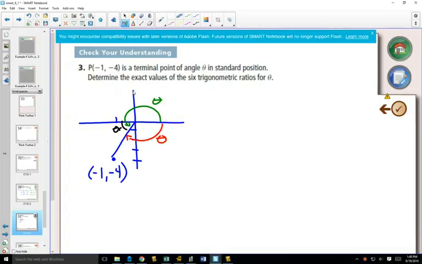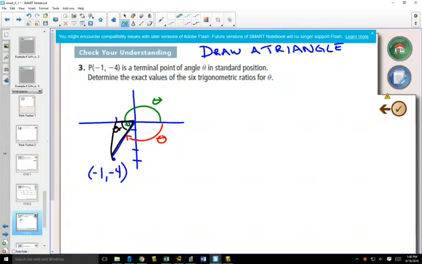So in this case, for our strategy that we're going to use, we're going to draw a triangle. And our triangle is always going to include our reference angle. So when I draw the triangle here, I'm going to draw it back to my x-axis. This is my right-angled triangle. What can I label on that right-angled triangle?